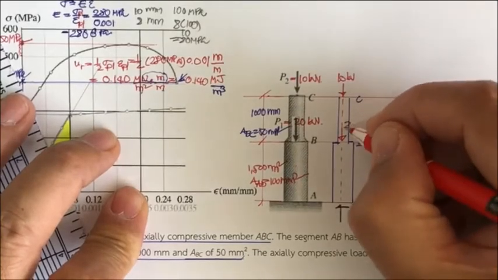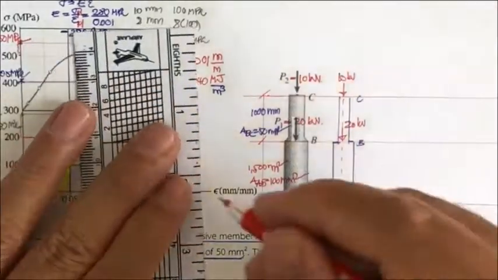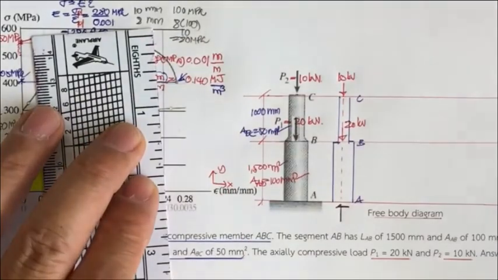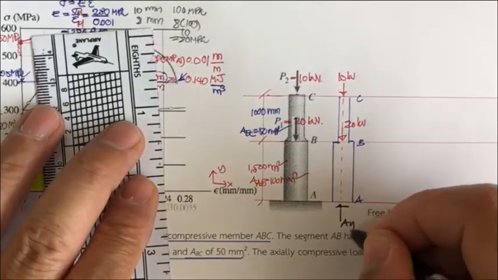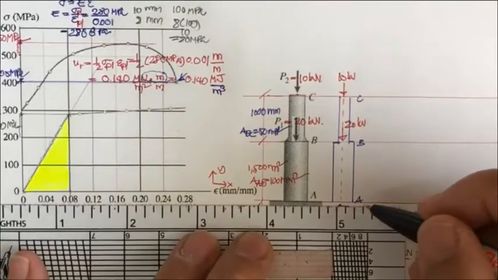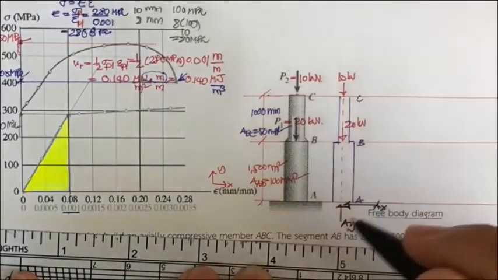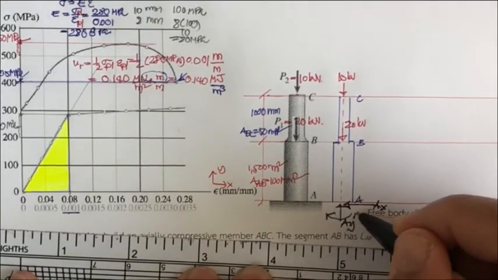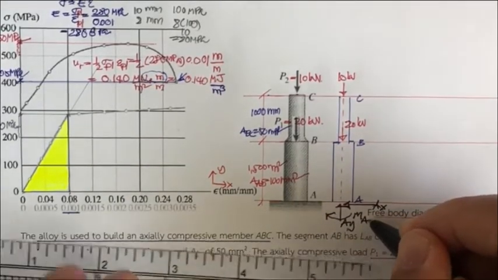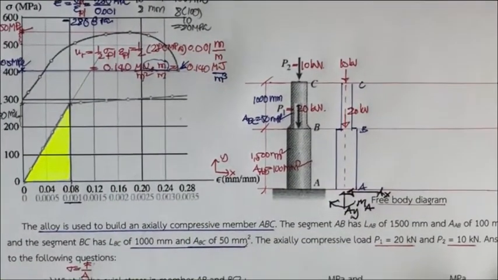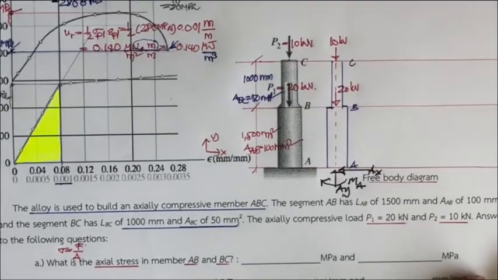This is 20 kilonewton. If you like, you may say this is X, this is Y, and this is going to be A sub Y, and since it is a body, it is supposed to have A sub X and M sub A. Then you may use the equations of equilibrium.